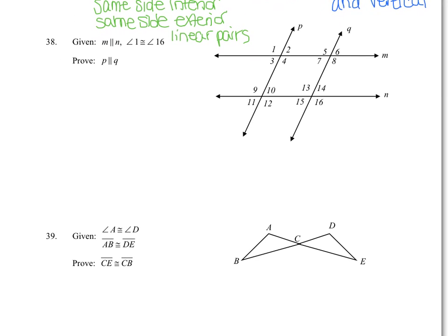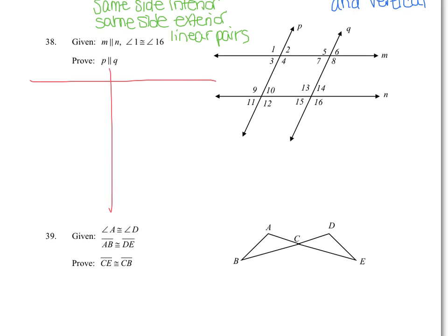Question 38. Given line M is parallel to line N and angle 1 is congruent to angle 16, we want to prove that P is parallel to Q. So I'm going to write this as a proof.